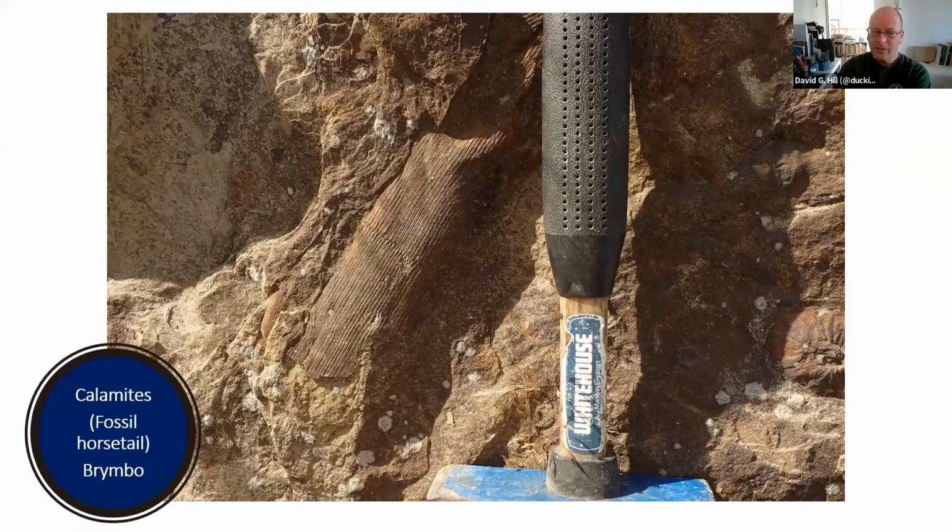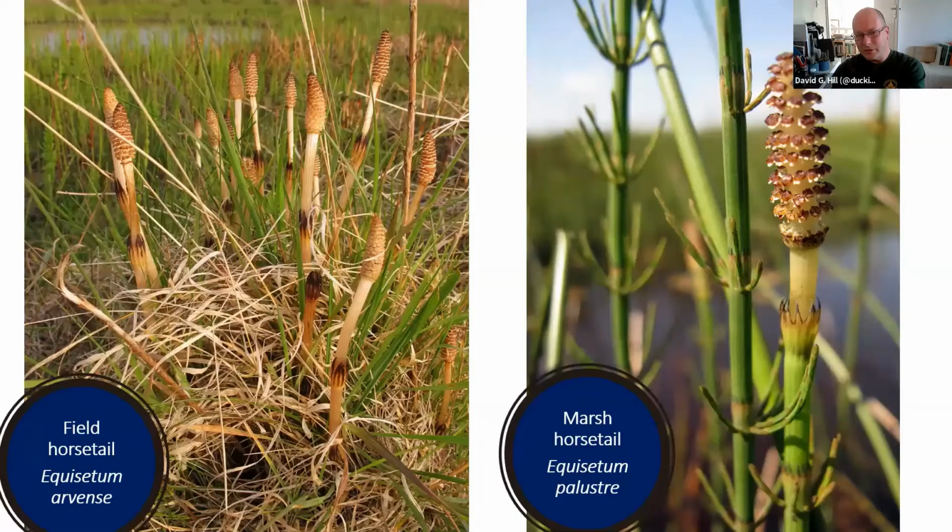these fossil horsetails, fossil tree ferns. So this is a Calamites, they're often called, but you can see a very strong resemblance to the modern horsetail, except they're much larger. These are 2 examples of modern horsetails, current ones, and they also illustrate an important distinction between some of the horsetails.